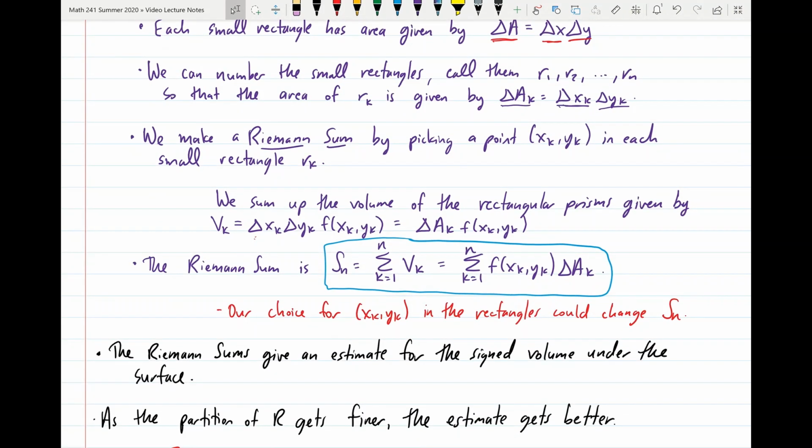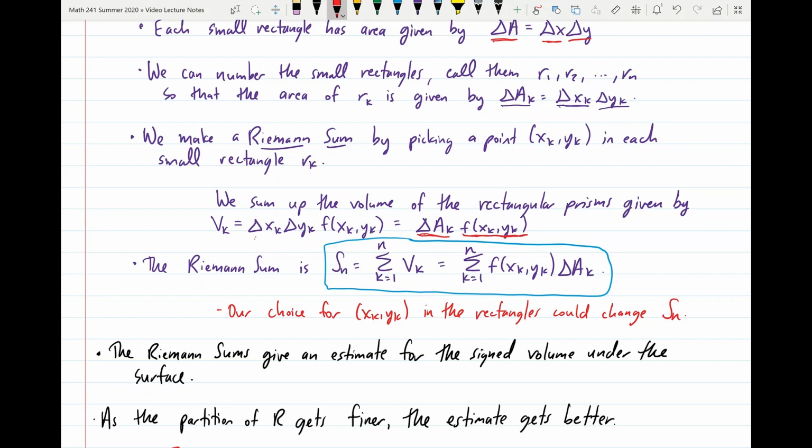And we are ultimately going to sum up the volumes of all of the rectangular prisms that are given by the area of each of the small rectangles multiplied by f of x sub k, y sub k.